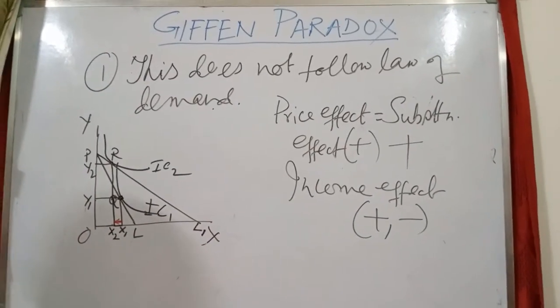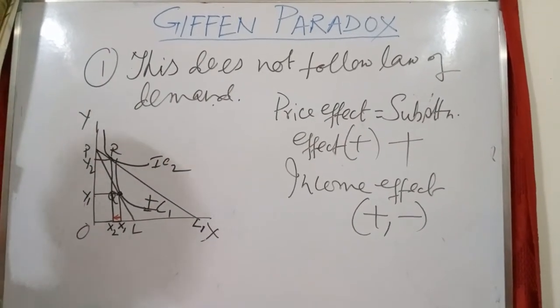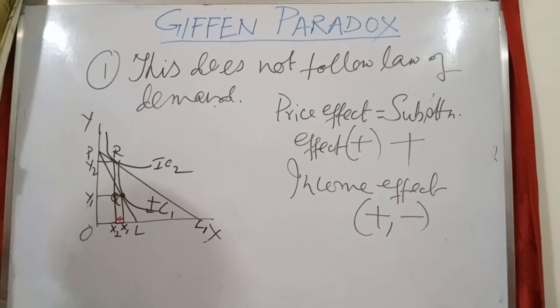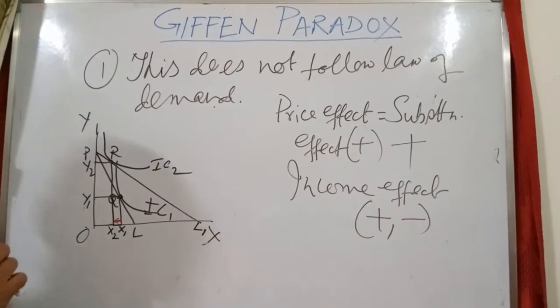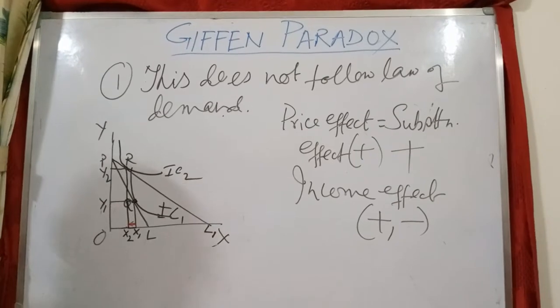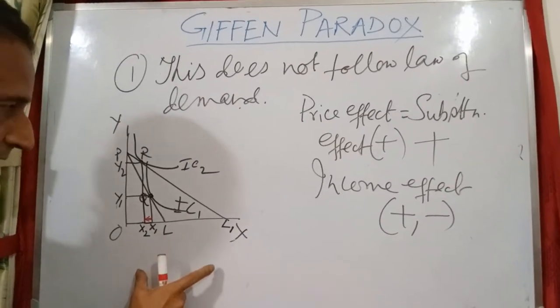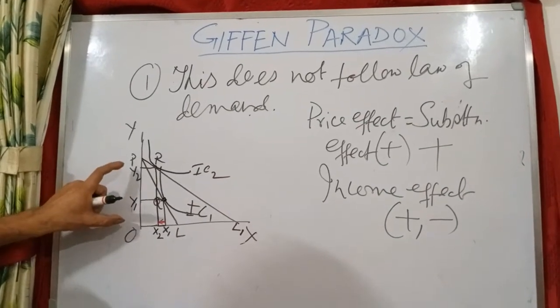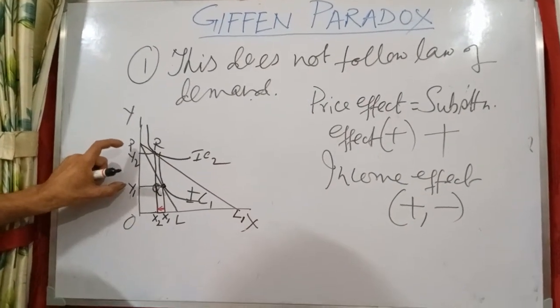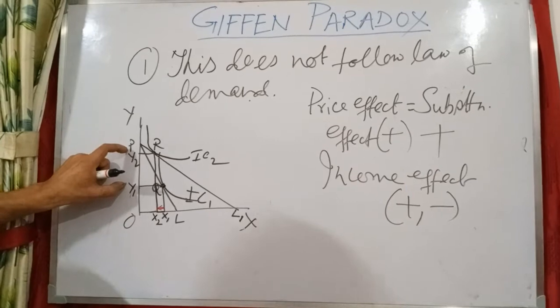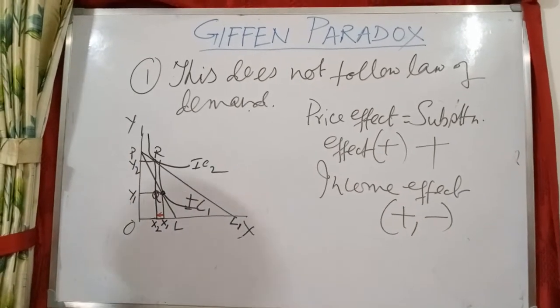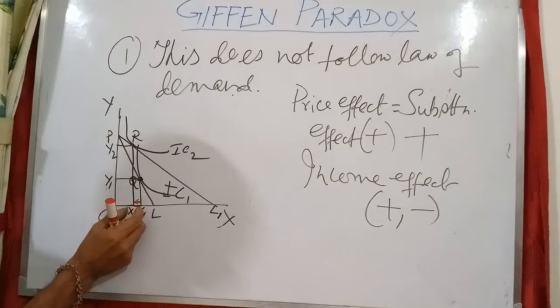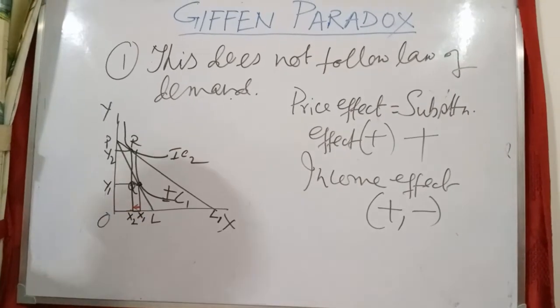Now it should be remembered that when we talk about a combination of two commodities, if one commodity is inferior, then another commodity is superior. That's why he is purchasing Y1 Y2, which is far more than the fall in X1 X2.